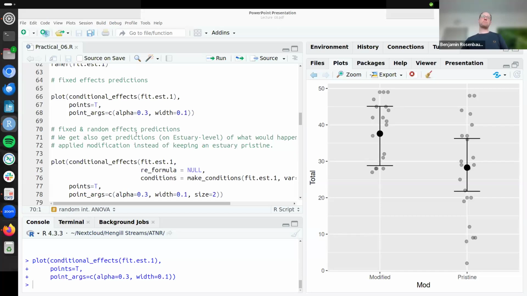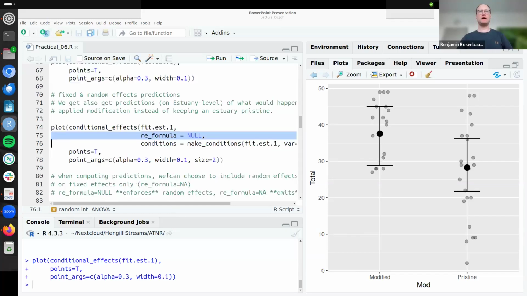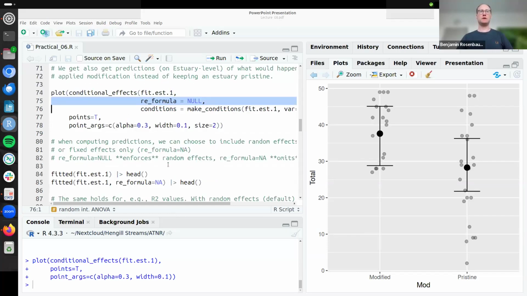Okay, we can specify that we also want to make estimations on the random effects level. And therefore here we have to specify re_formula equal NULL.